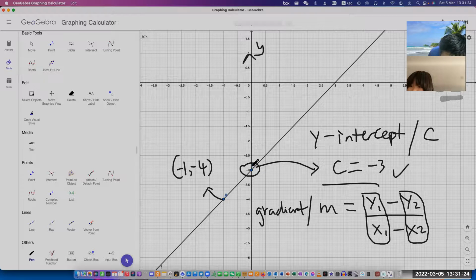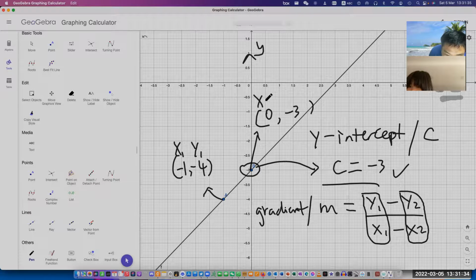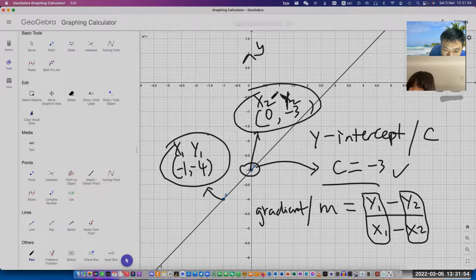This point B, let me label it, is 0 for x, then y is -3. So in this case, this is your x1, this is your y1, this is your x2, this is your y2. x1 means your first x point, y1 means your first y point, x2 means your second x point, y2 means your second y point. So with this, I think it's pretty clear.